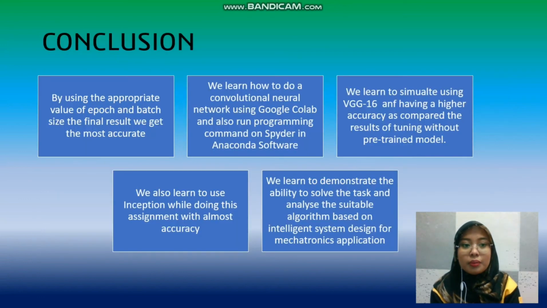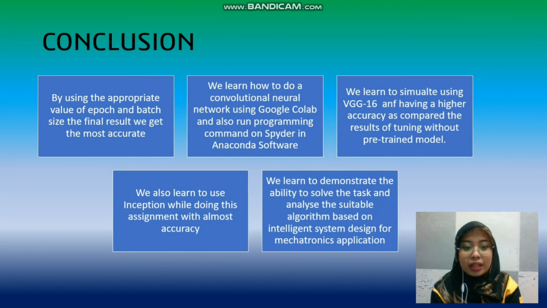As the conclusion, by using the appropriate value of epoch and batch size, we get the most accurate final result. We also learned how to do a convolutional neural network, CNN, by using Google Colab, and also how to run the programming commands on Spyder in Anaconda software. We learned to simulate using VGG and got a higher accuracy compared to the result of tuning without a pre-trained model.